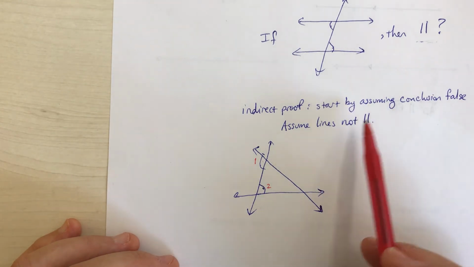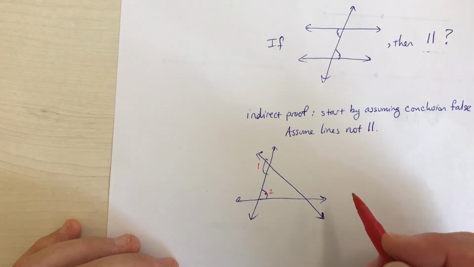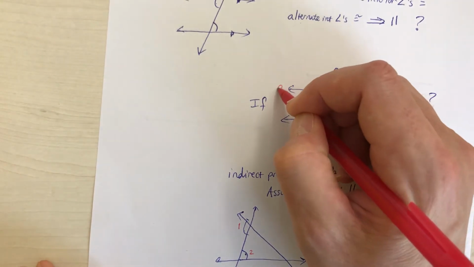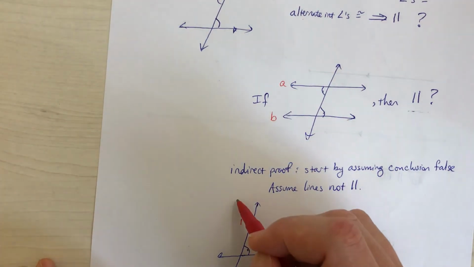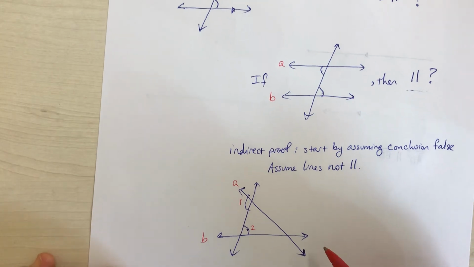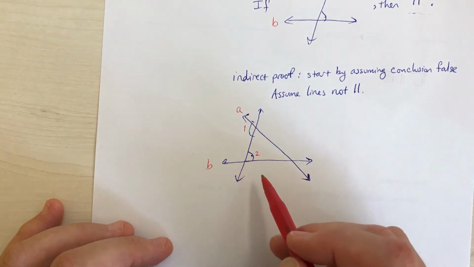So we're assuming that the lines are not parallel. If we call the lines A and B, here's A and B again, but obviously you see that A and B are intersecting each other, that they're not parallel to each other. Now there's another angle here.